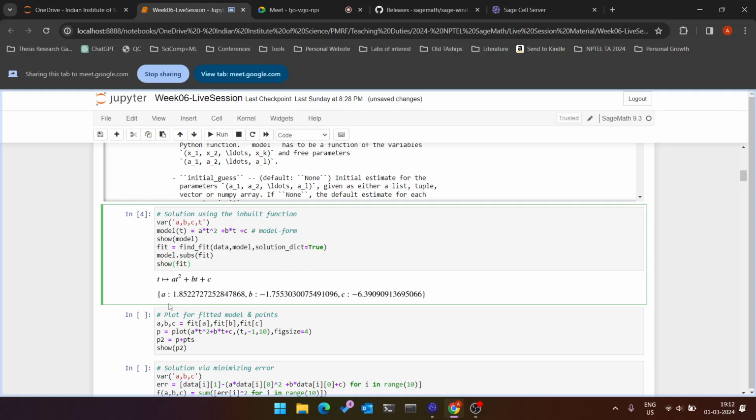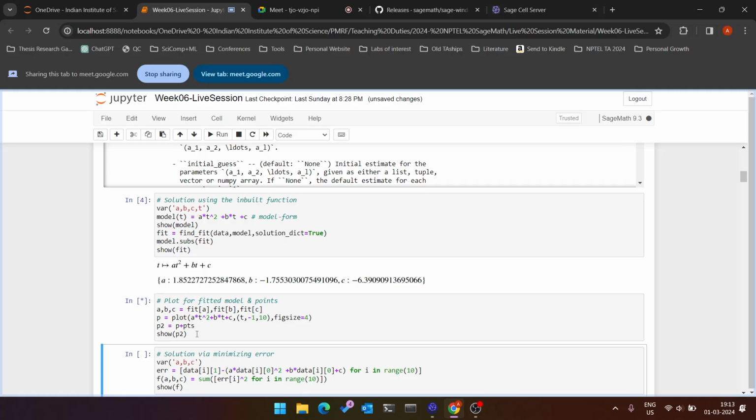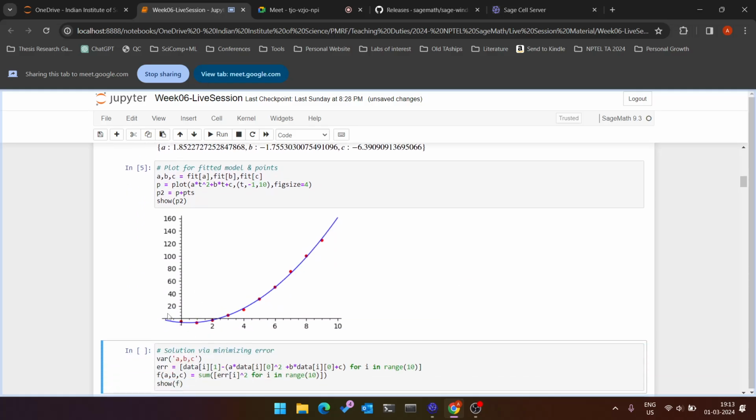So this gives me my fitting parameters, and when I plot both the fitted model and the points, what do I see? I see a curve that looks like this.